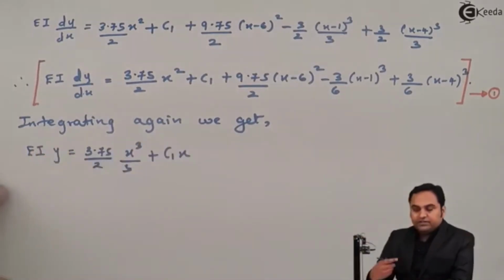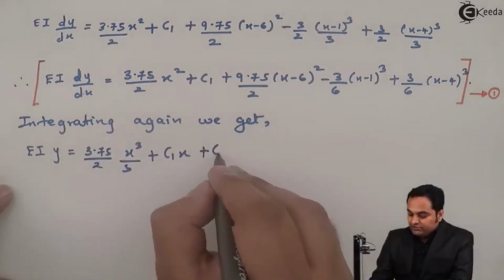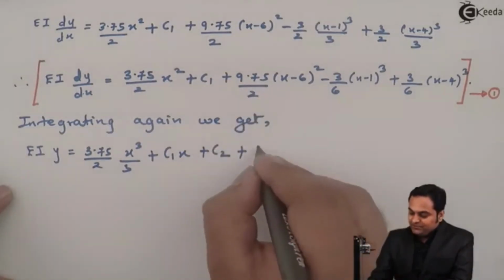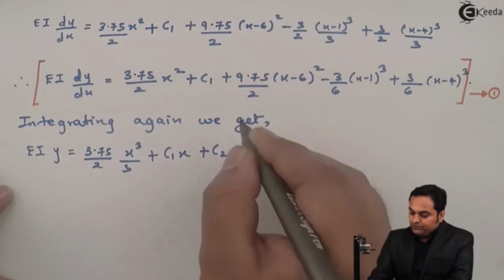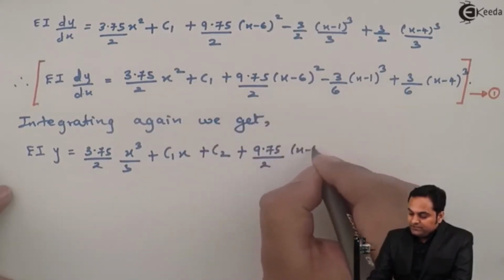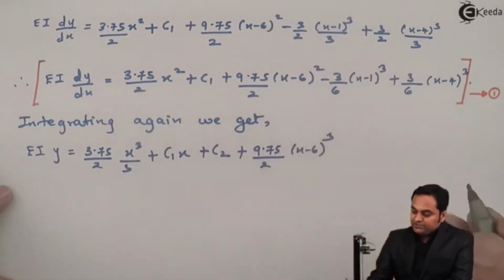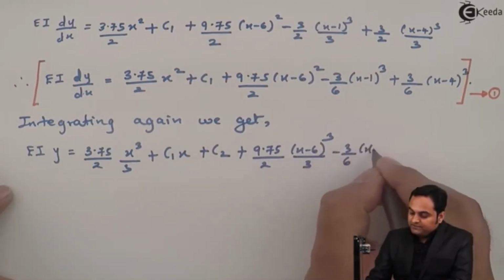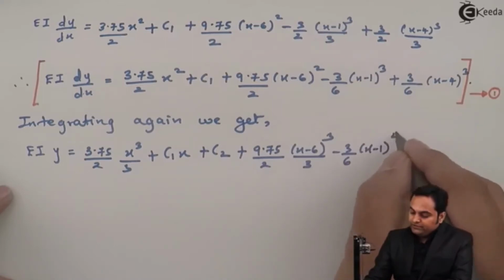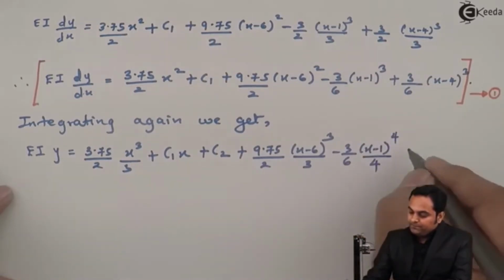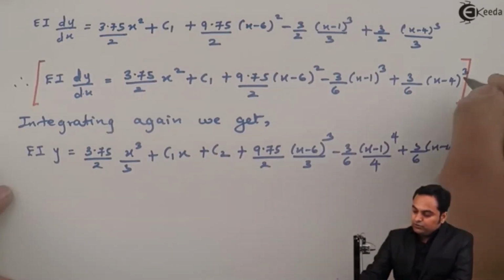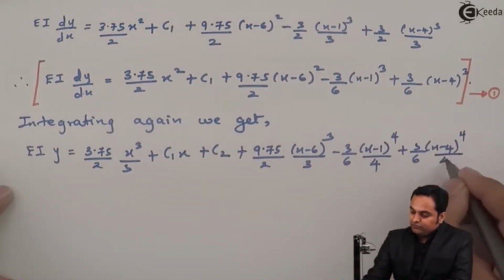Now since I am integrating for the second time, I have another constant which is c2, then plus 9.75 by 2 x minus 6 whole square, integration is whole cube by 3, minus 3 by 6 x minus 1 whole cube, integration is raised to power 4 by 4, plus 3 by 6 x minus 4 whole cube, that is raised to power 4 by 4.